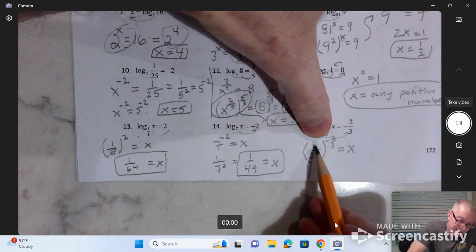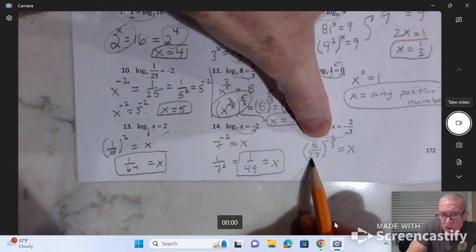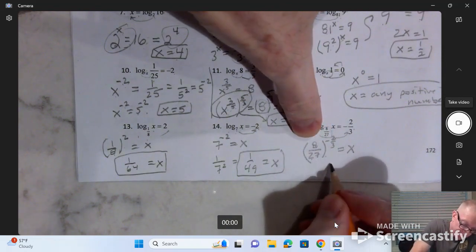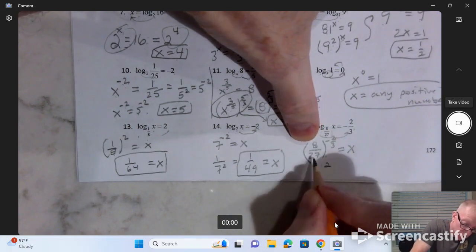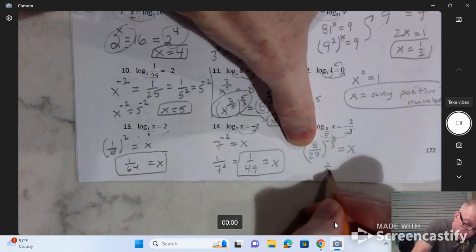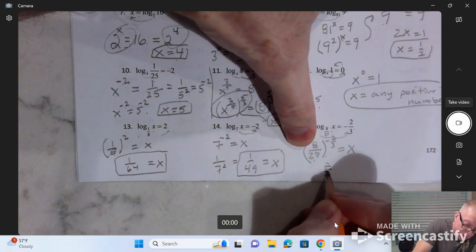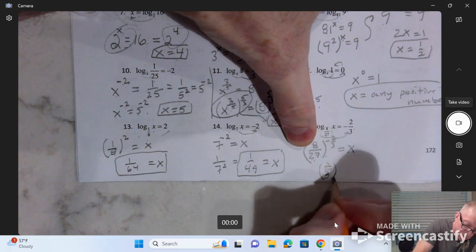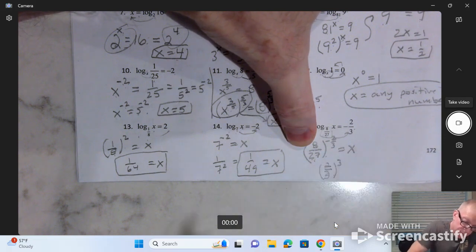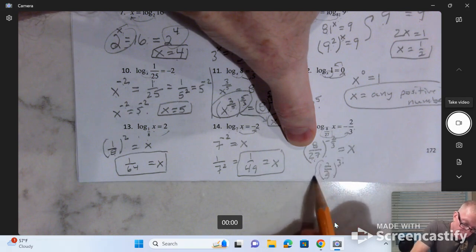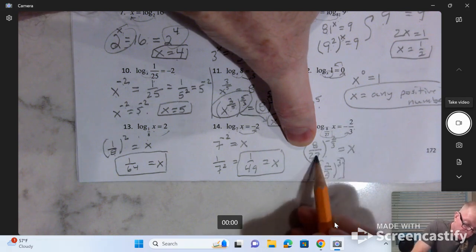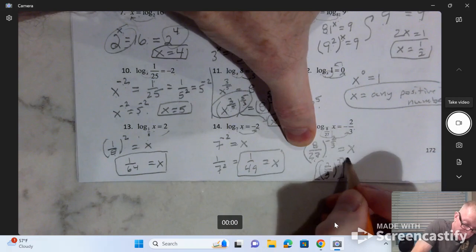So let's get 8 over 27 to the smallest base possible. 8 is 2 cubed, and 27 is also a perfect cube. So I can write 8 over 27 as 2/3 to the third, because 2 cubed is 8, 3 cubed is 27. There's my 8 over 27. My 8 over 27 has an exponent of negative 2/3.